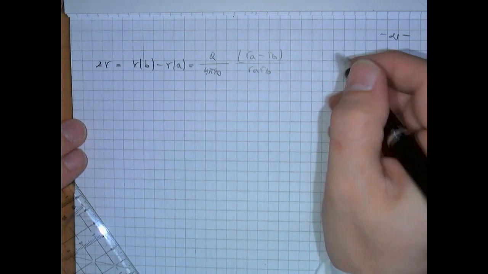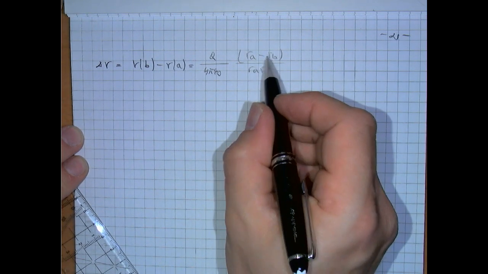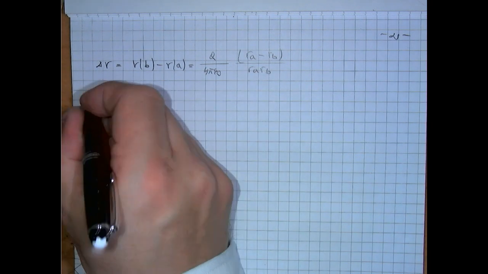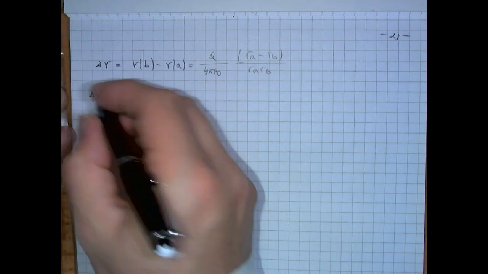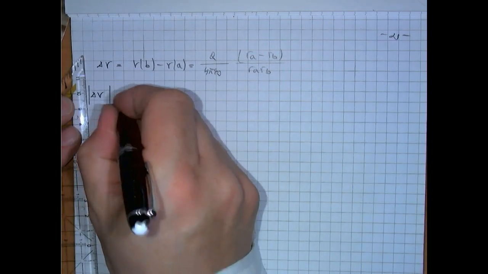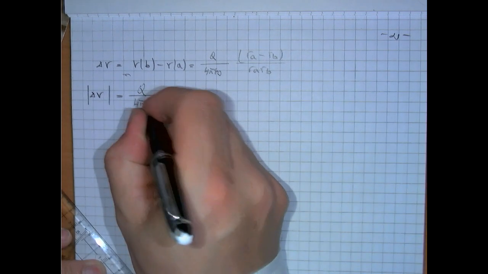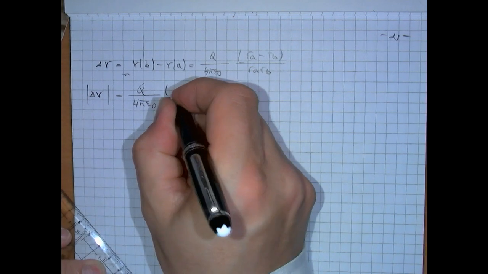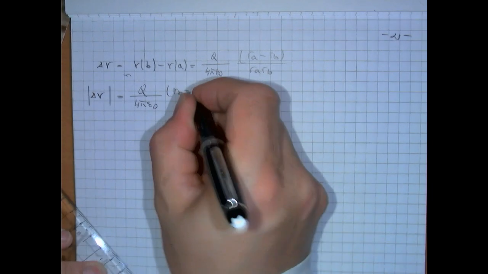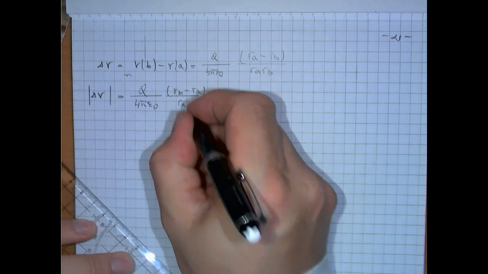But since r_B is larger than r_A, this would be negative, so the absolute value of delta V, when we're looking for the capacitance, is therefore Q divided by 4 pi epsilon naught times (r_B minus r_A) divided by the product r_A r_B.